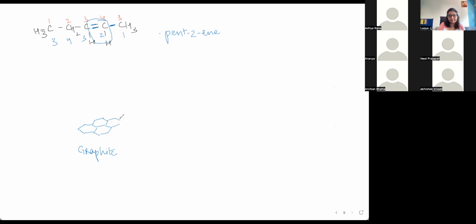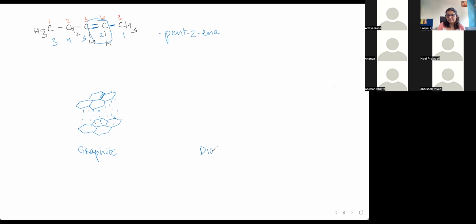Add one more maybe. And the same thing above, another layer of hexagons. And then draw dotted lines in between. This is what graphite is, right? It's made up of hexagonal layers, and the electrons are moving in between.